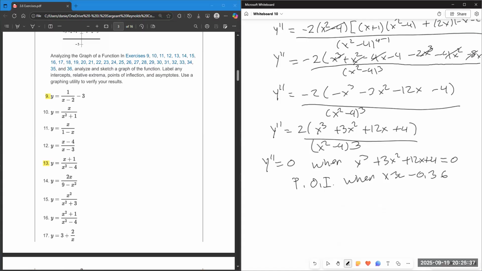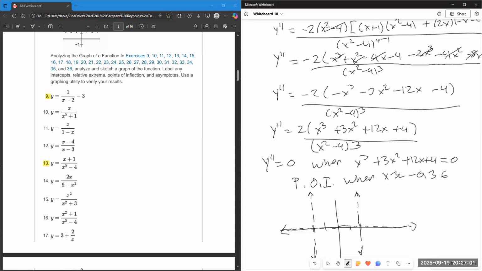So sketch a graph here, and we have -2 as a vertical asymptote. +2 is a vertical asymptote. We have a horizontal asymptote at y equals 0 if I didn't say that, because degree of the top is less than degree of the bottom.